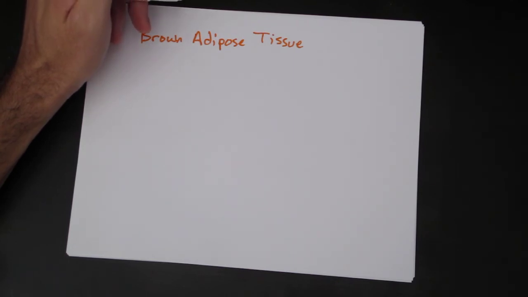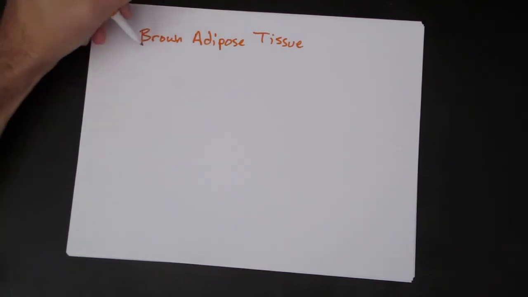The adipose tissue that we have, the fat that we have, is often called white fat or yellow fat. But brown adipose tissue does have a distinctly brown color to it. It's found primarily in small mammals, so squirrels and mice and things like that have brown adipose tissue. Even babies, infant humans, have brown adipose tissue.